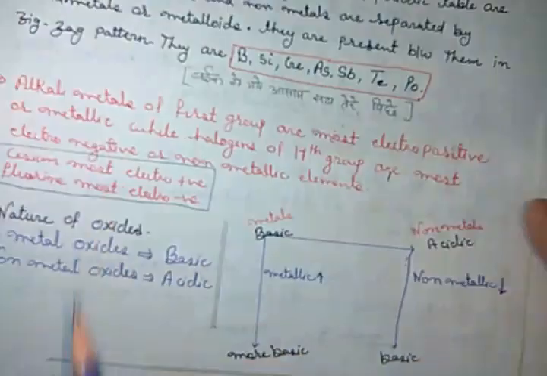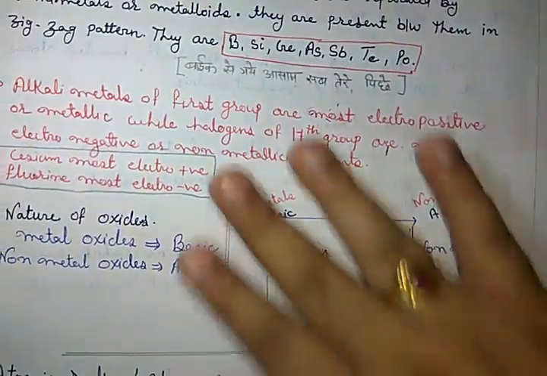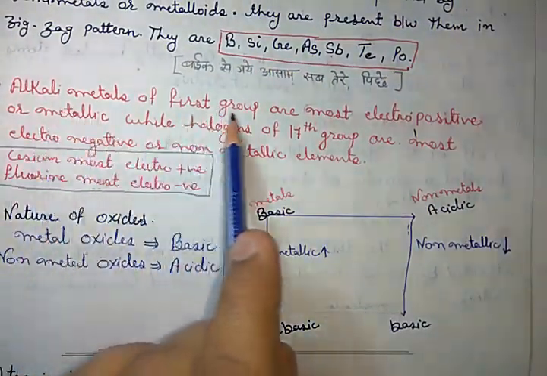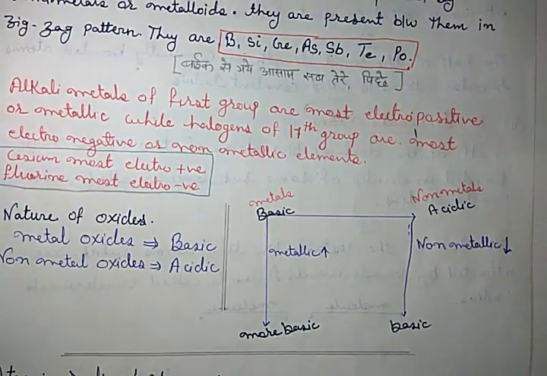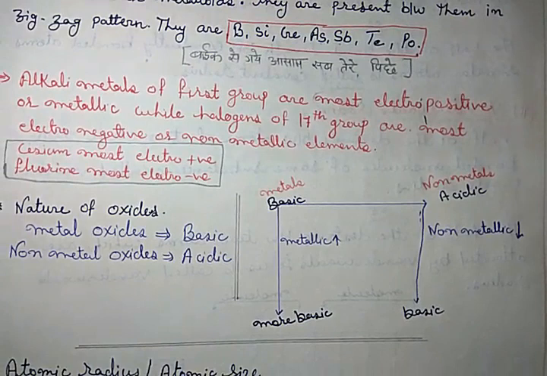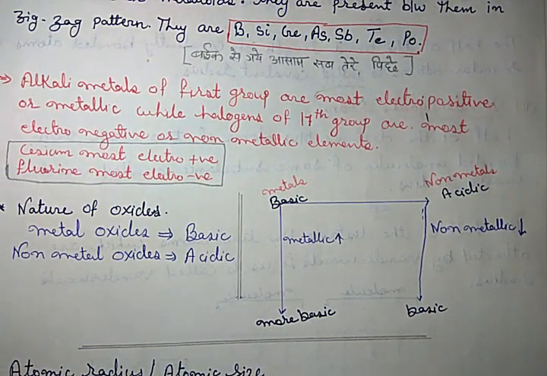Sorry for that. I'm again repeating. Alkali metals of the first group are most electropositive. That means they have the highest tendency to make cations, while halogens of the 17th group are most electronegative or non-metallic because they have the highest tendency to gain electrons.